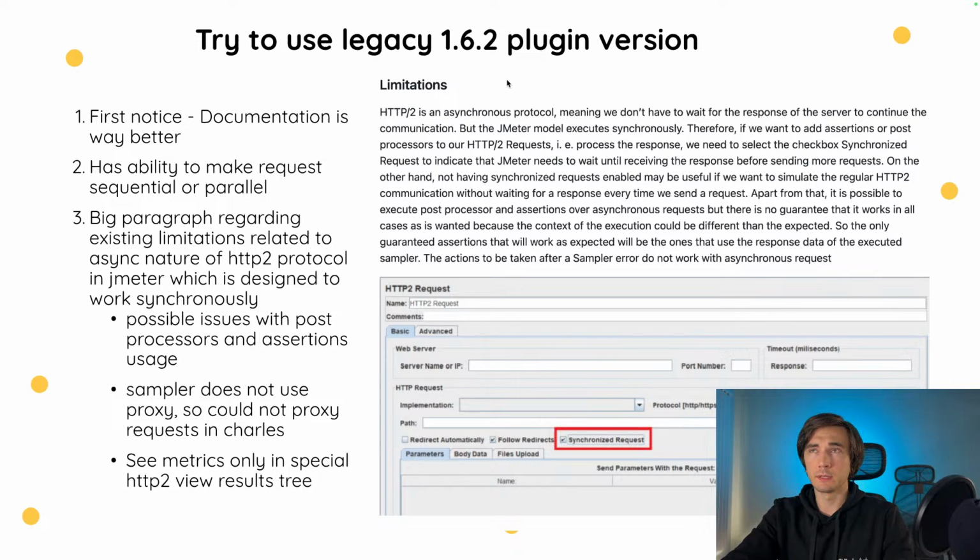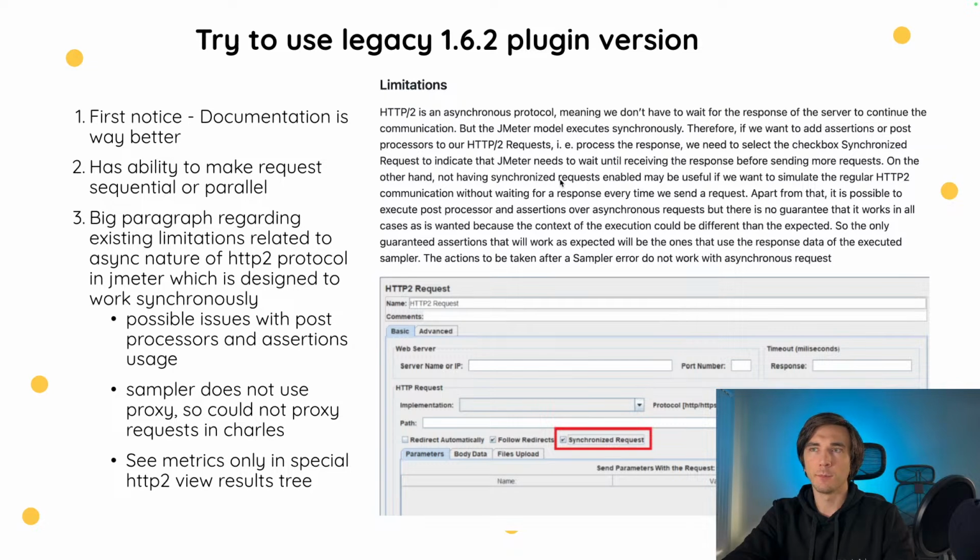So I tried to use this legacy version, just because of the documentation. The first thing I noticed is that the legacy version had much better, detailed documentation, because the previous version was developed and maintained for 3 or 4 years. So they had a lot of time to add corner cases and problems there, and it was more well described.